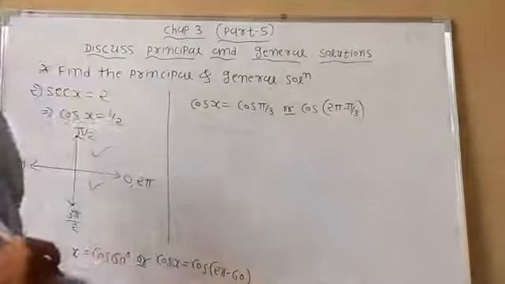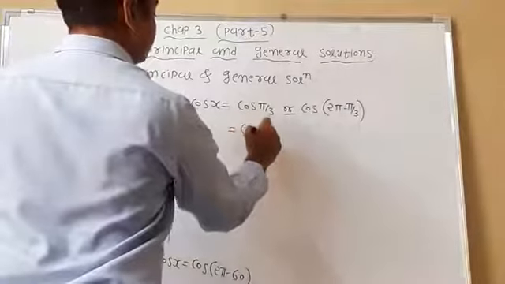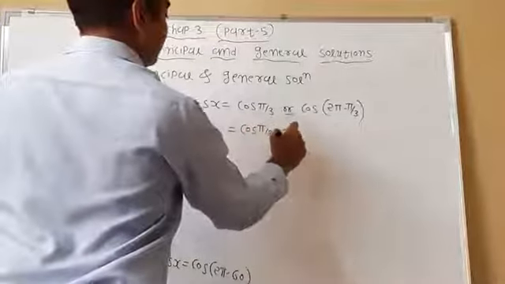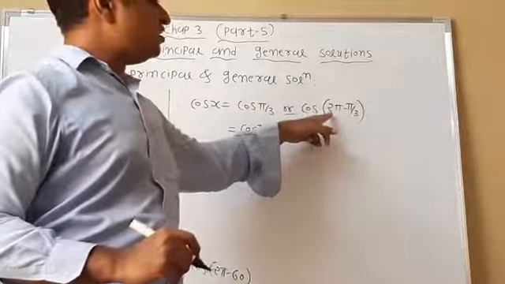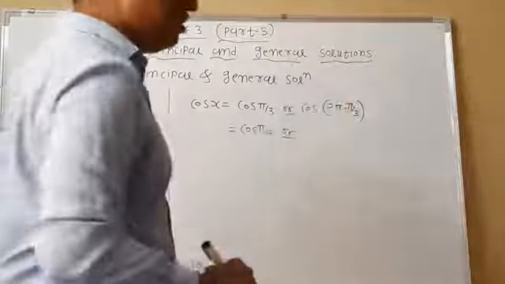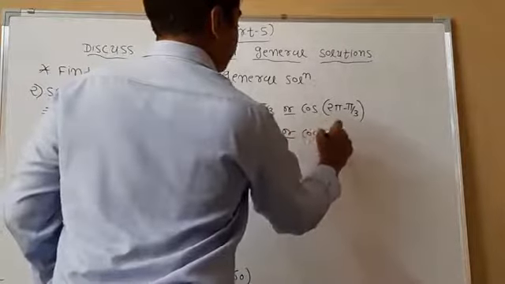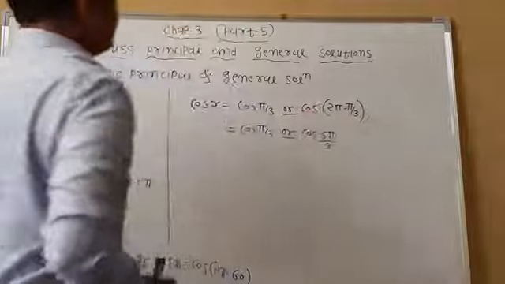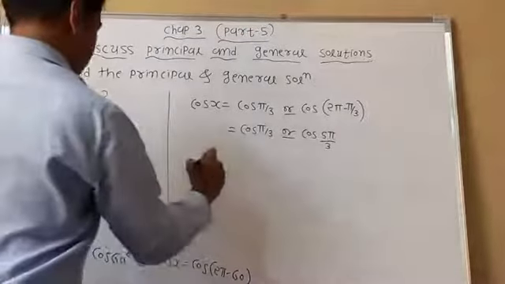Now take LCM, simplify this term. So cos x is equal to cos pi by 3, or here we can take LCM, 3 times 2 is 6 pi minus pi. That means 5 pi, cos 5 pi by 3. So here we get the answer.